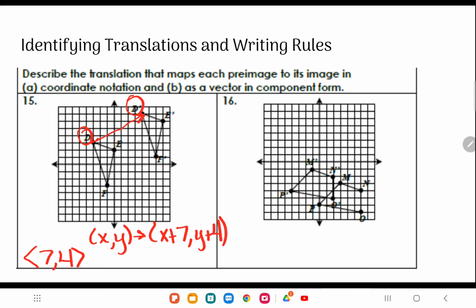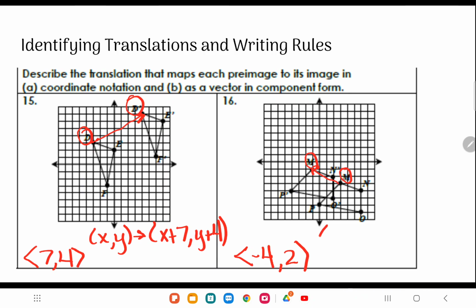On my other figure, I'm using M and M prime. To get from M to M prime, I need to go horizontally to the left 4 units and then up 2 units. There's my vector. It is ⟨-4, 2⟩.